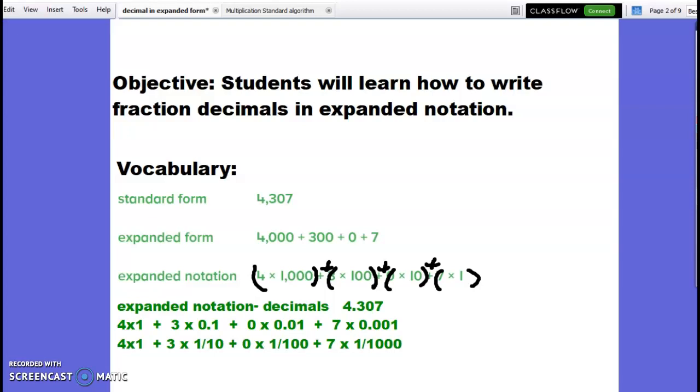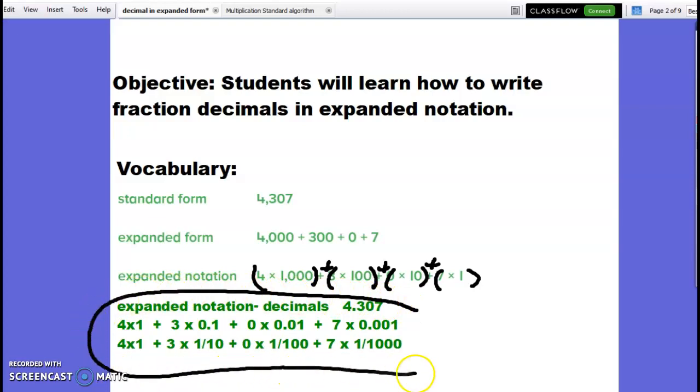So today we're adding expanded notation of decimals. Here we have the example of 4 and 307 thousandths. This is the one that I would like you guys to write in your notes for today. As the example, you have expanded notation of decimals, 4 and 307 thousandths, which means you have 4 sets of 1, or 4 times 1.